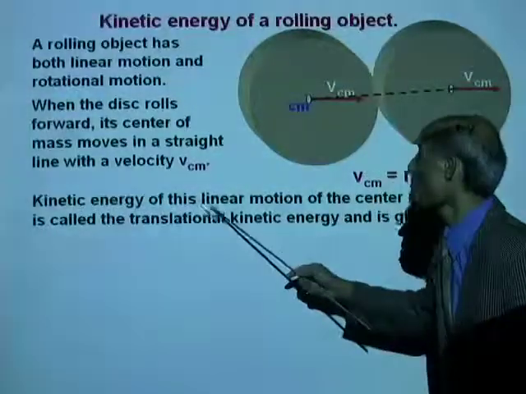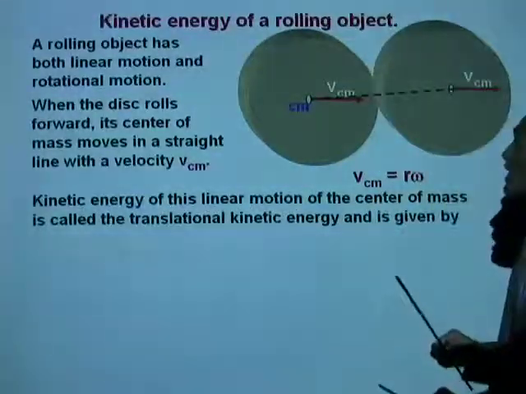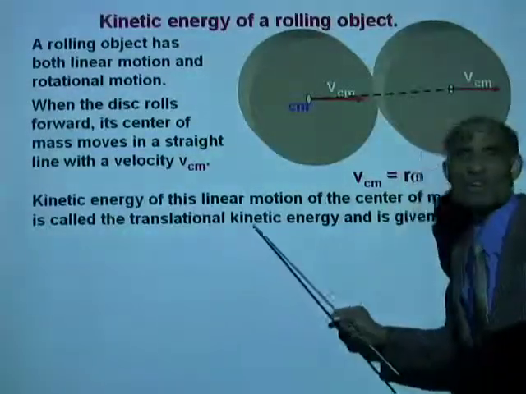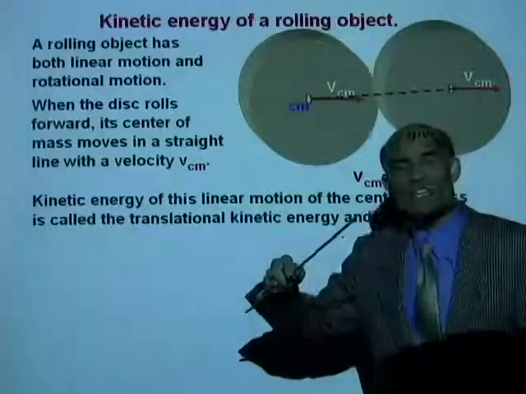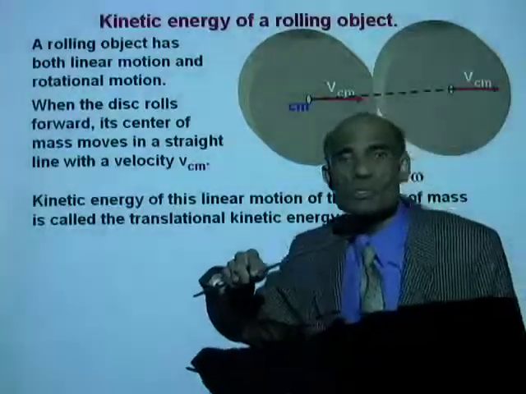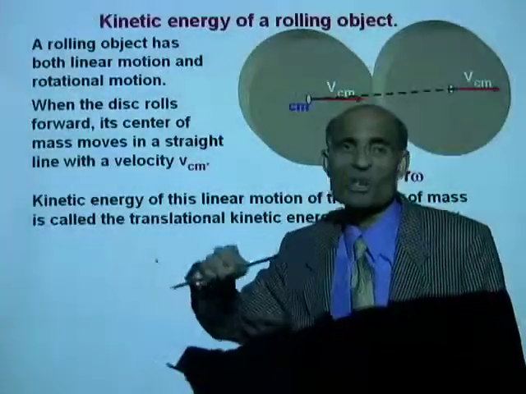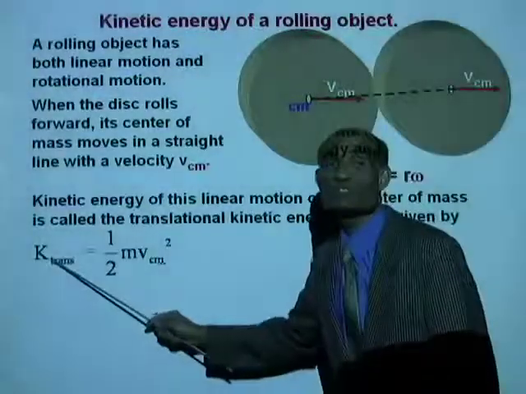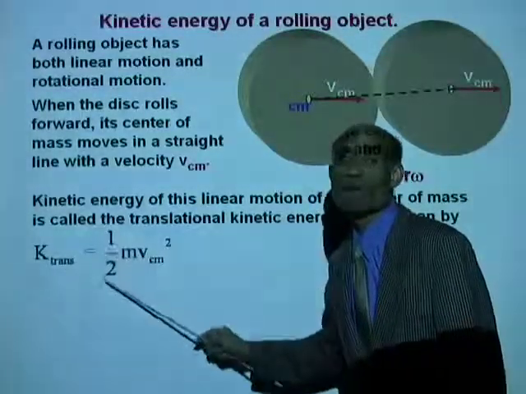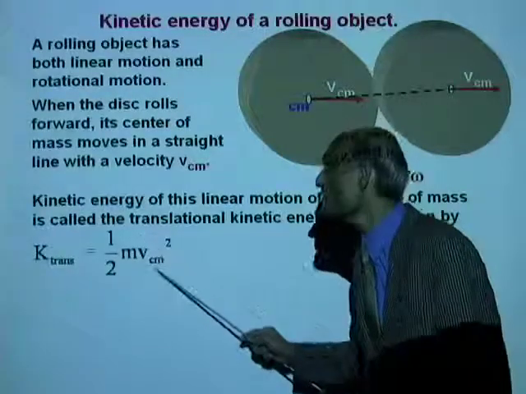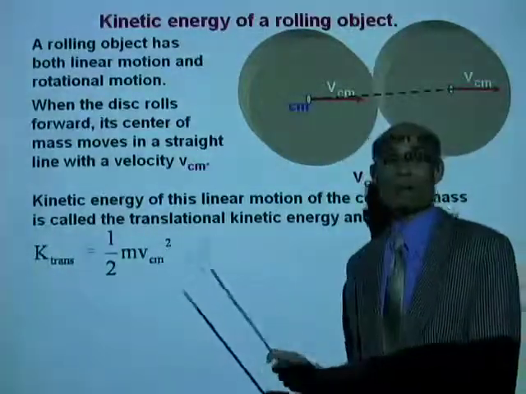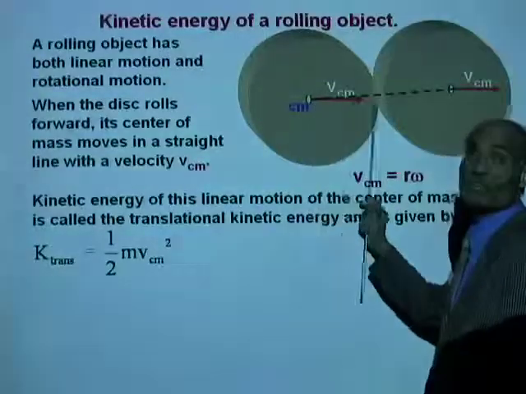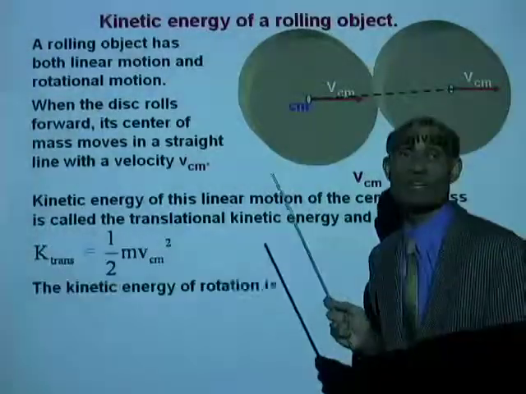Kinetic energy of this linear motion of the center of mass is called the translational kinetic energy. Kinetic energy of the disk due to its translational motion along the straight line, and that will be K translational is 1/2 m v center of mass squared, where v center of mass is the velocity of the center of mass, the linear velocity.